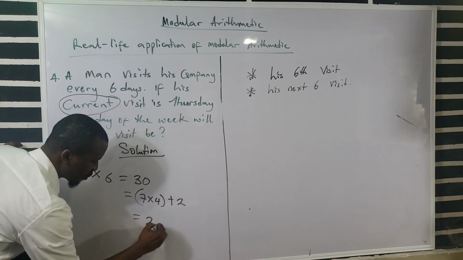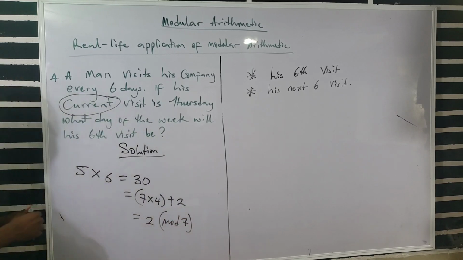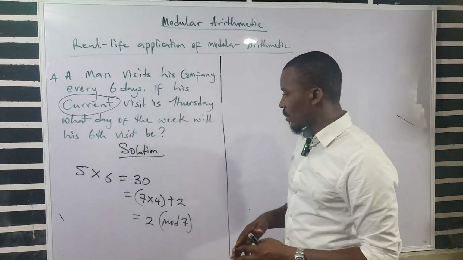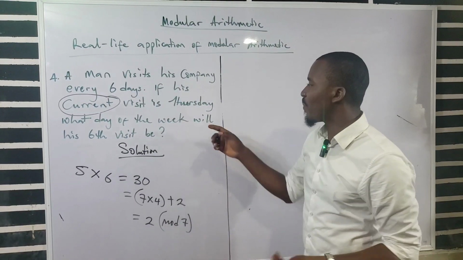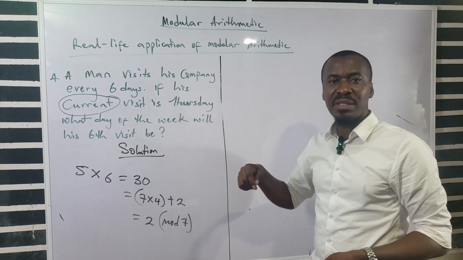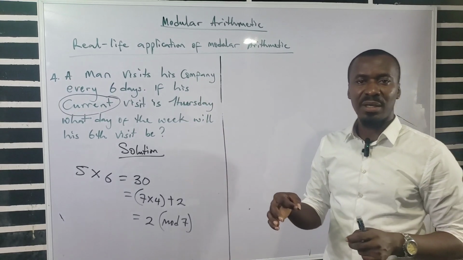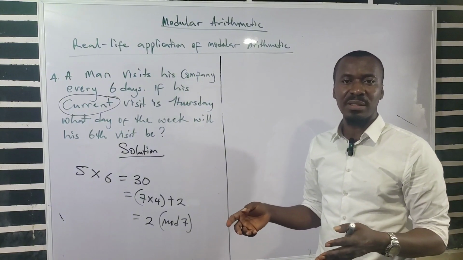So that will give us 2 modulo 7. So how can we solve 2 modulo 7? Remember, the day of the current visit will be regarded as 0. That's the first digit in your modular arithmetic integers.